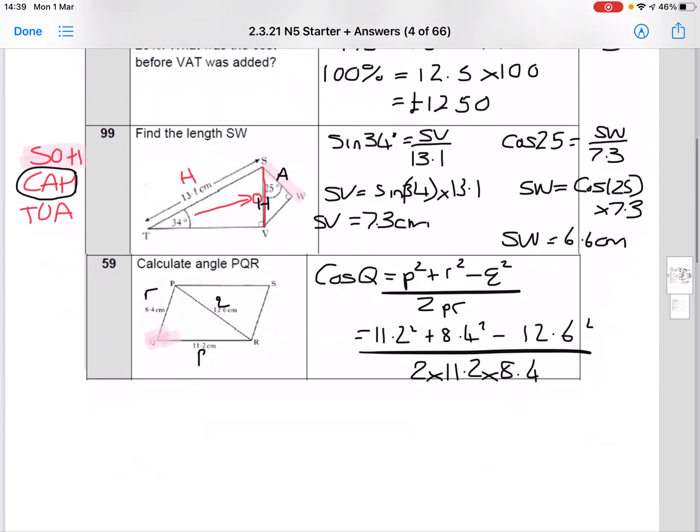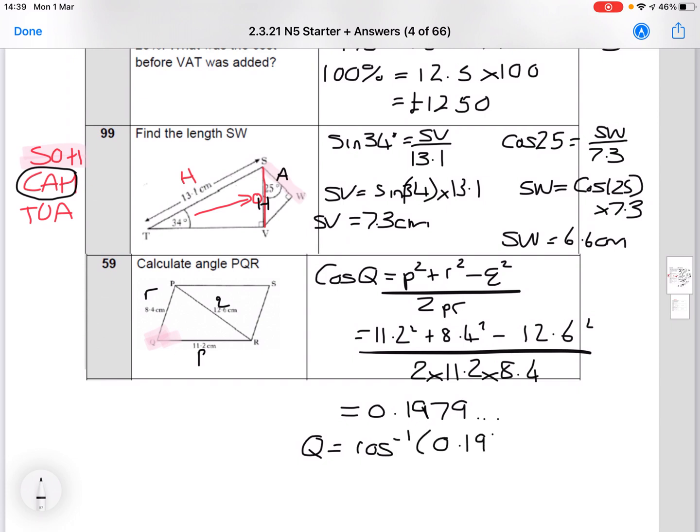So when we put that into our calculator, we get a value of 0.1979 and so on. So for Q, we would do the inverse cos of that value. So as an angle, we get 78.6 degrees.